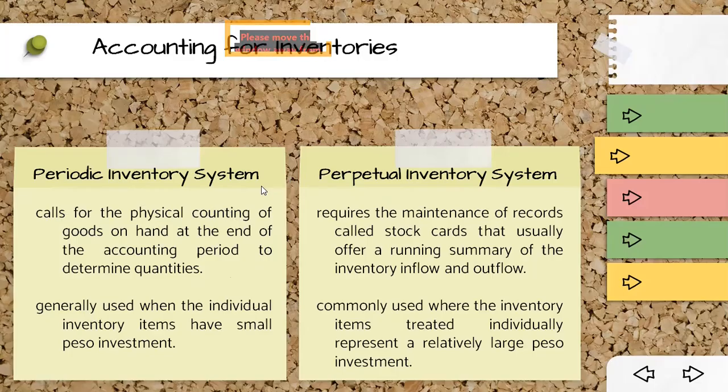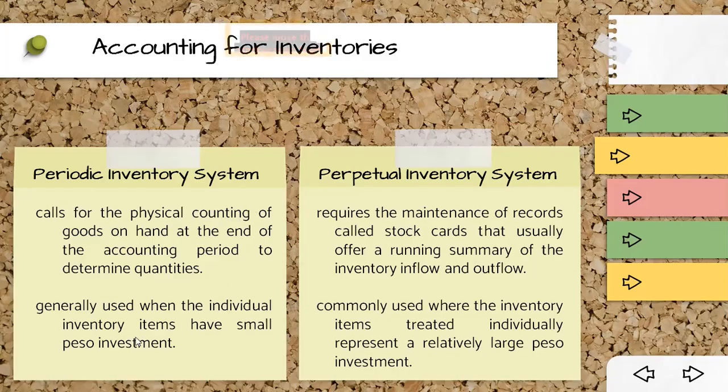So dito sa periodic inventory system, gagamit tayo ng account title na purchases, purchase returns and allowances, no? Ang ating merchandise inventory account ay hindi siya mababago, walang changes during the period, only when there is physical count na gagawin. Dyan pa lang ma-establish kung magkano na yung inventory mo at the end of the period kapag nag-conduct ka ng physical count.